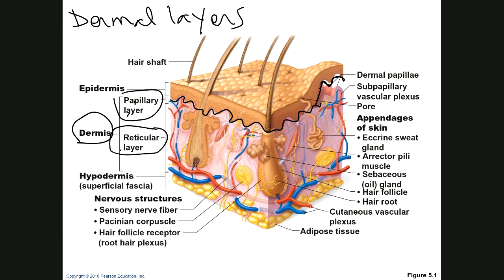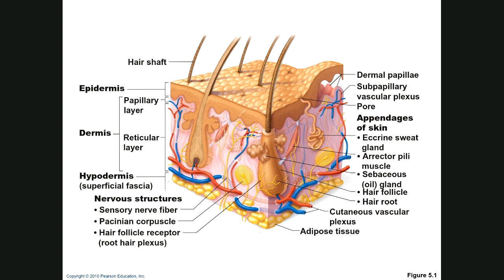If a question asks about epidermal strata, now the question is asking about the different strata of the epidermis. The stratum basale, the stratum germinativum, the stratum granulosum, the stratum lucidum, the stratum corneum.